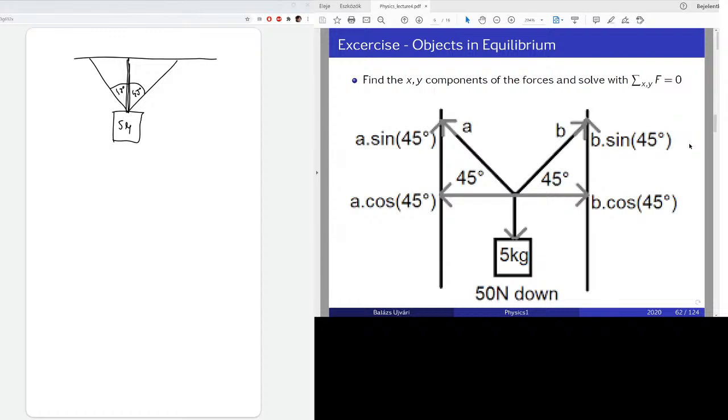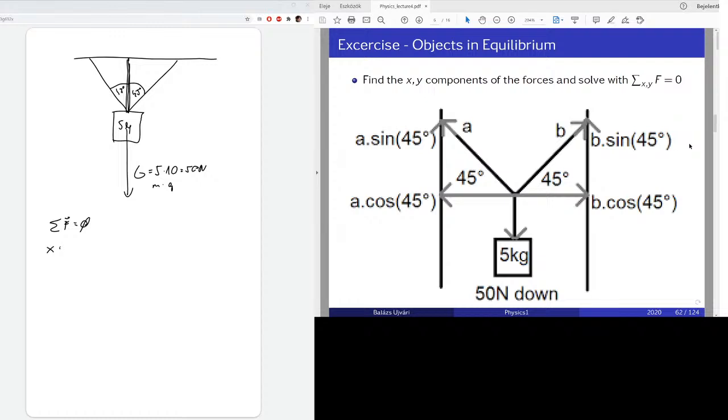We know there is a weight which is 5 times 10, like m times g. This is 50 Newton. So equilibrium means the sum of the forces is 0.